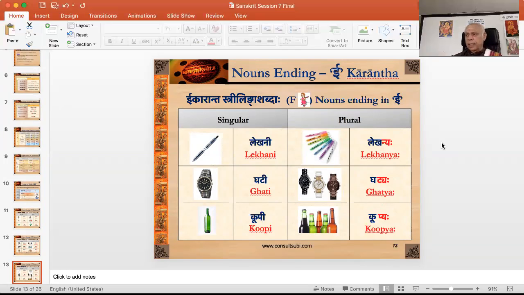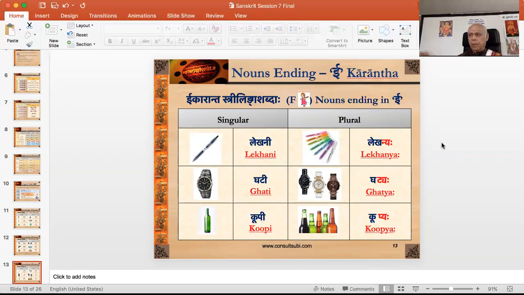To take a pen, for example, you say lekani. Plural, lekanyaha. It ends in aha. Gati, gatyaha. Kupi, a bottle, a container.